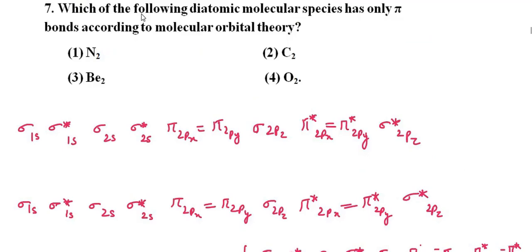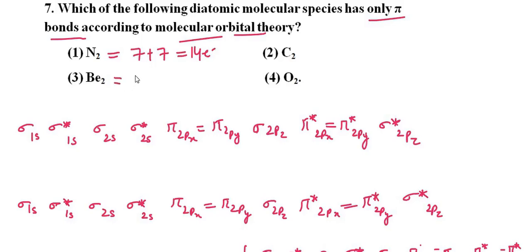Next question is, which of the following diatomic molecular species has only pi bonds according to molecular orbital theory? So according to molecular orbital theory, firstly you have to write down the number of electrons in each molecule. In this case, the atomic number for nitrogen is 7. So when we combine 2 and 2, the total number of electrons is 14.